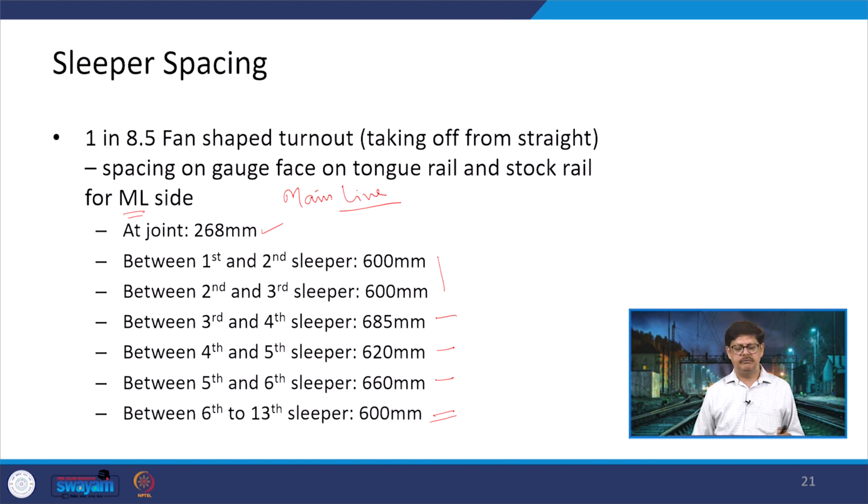So, depending on the conditions and the way it has been provided, these turnouts, which have two types of rails, tongue rail and stock rail, which we will discuss when we discuss turnouts, have these spacings provided.